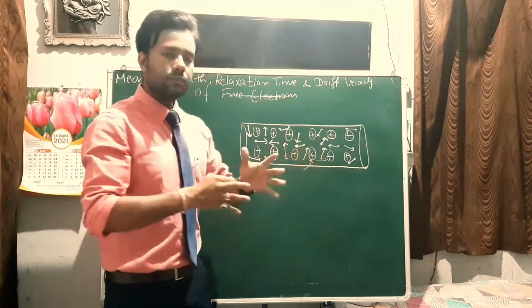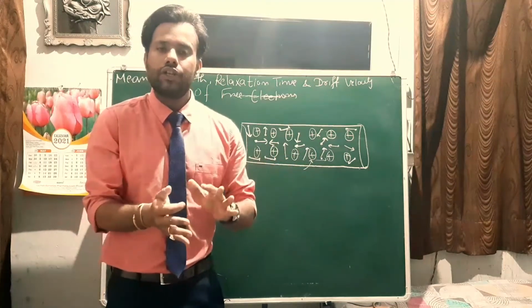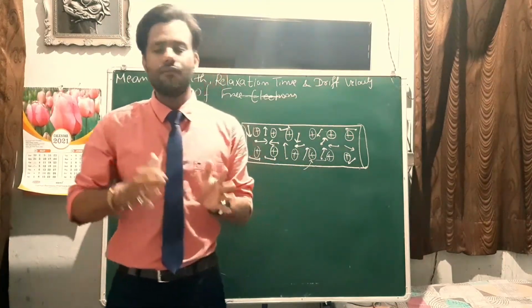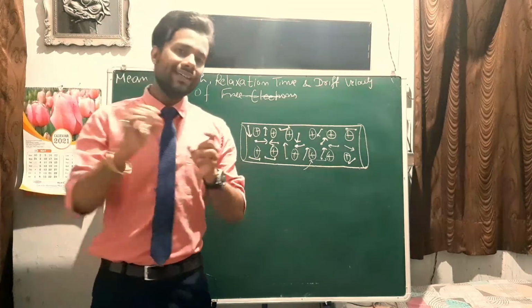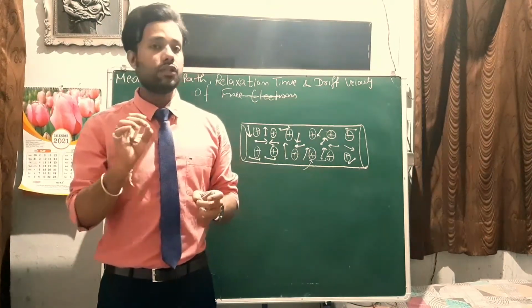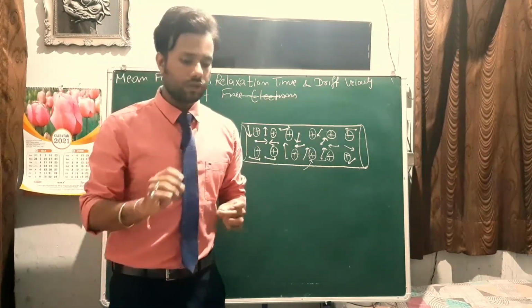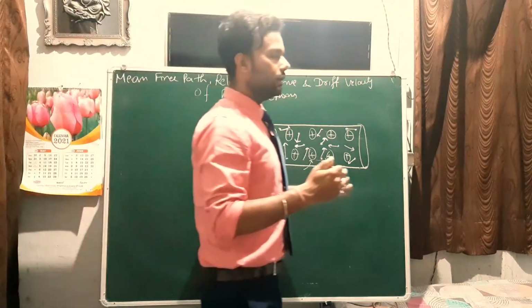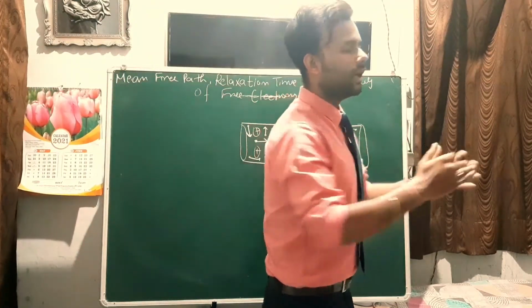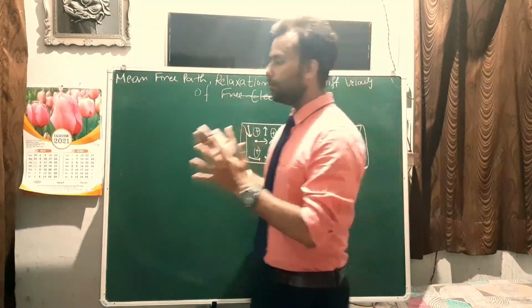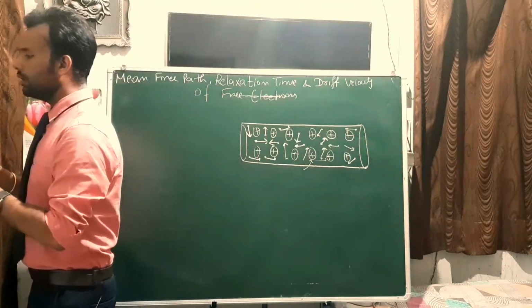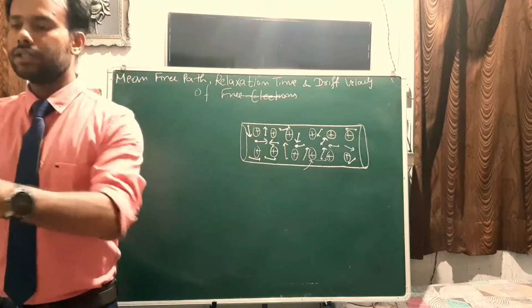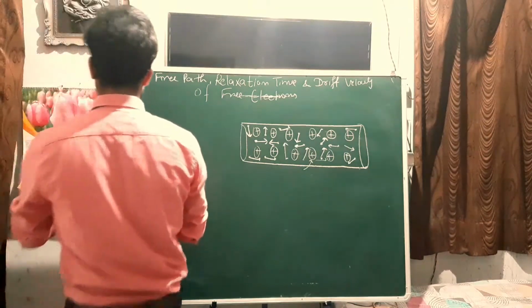Because they are moving in random directions, the average thermal velocity of each electron is always 0. Suppose I am an electron and I'm moving toward this direction, then I collide with the ion, then I return, change my direction, and move in this direction, then again I collide, then I'm moving in this direction, again collide.